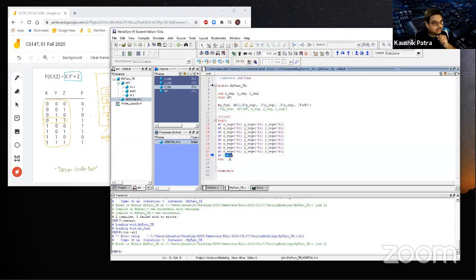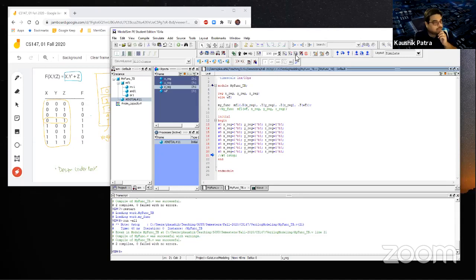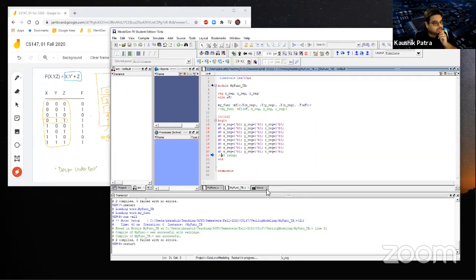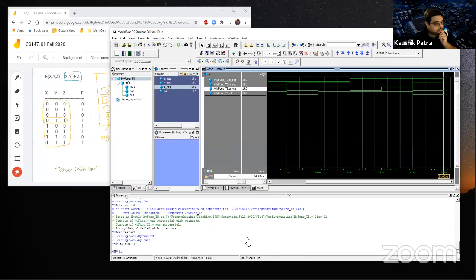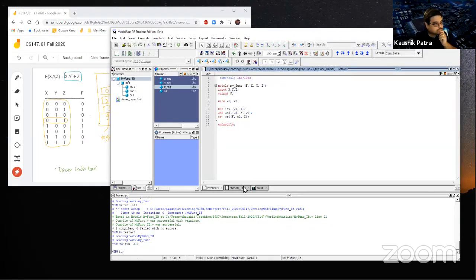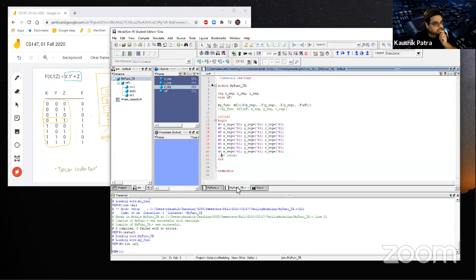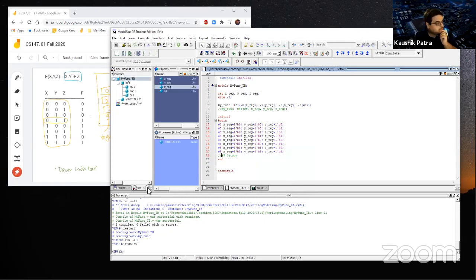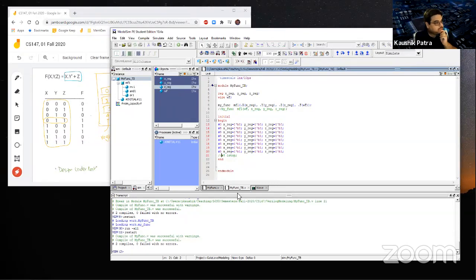Let's experiment. Let's take them out. Okay, let's take it out. Compile. And reset. And run on. What is it doing? Did it end? Just hold on. Reset. Okay. Compile.